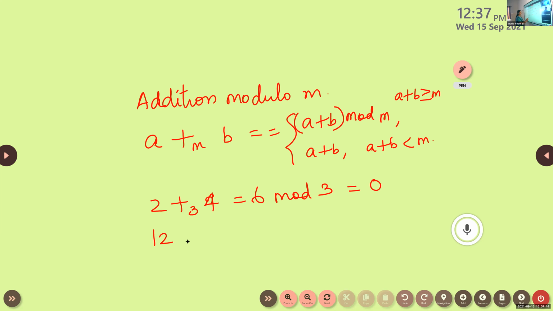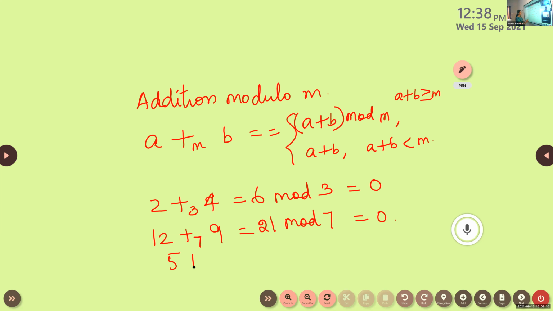12 plus_7 9. What will you do? 12 plus 9 mod 7. Add and divide by 7, find the remainder. What is 12 plus 9? 12 plus 9 is 21, isn't it? It will be same as 21 mod 7, which will be 0.